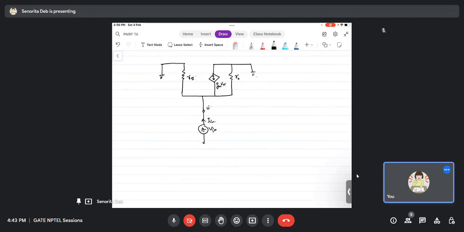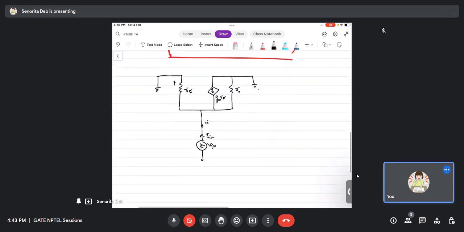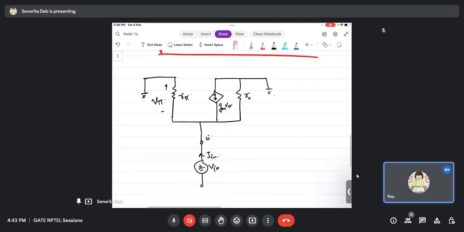Okay, so now this is V pi. Please see the polarity and the direction of current. This is the direction of current. What will be Vin upon Iin?